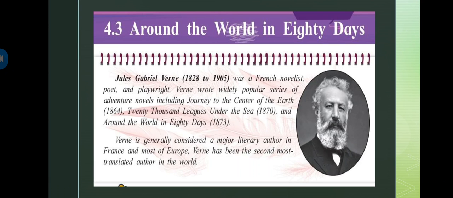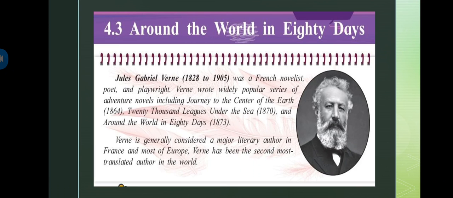Jules Gabriel Verne was born in the year 1828 and died in the year 1905. He was a French novelist, poet, and playwright at the same time. Verne wrote a widely popular series of adventure novels, which included Journey to the Center of the Earth, written in 1864, and then 20,000 Leagues Under the Sea, written in 1870.